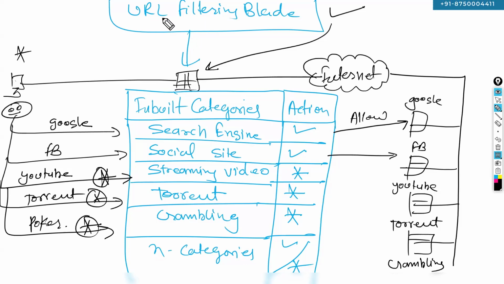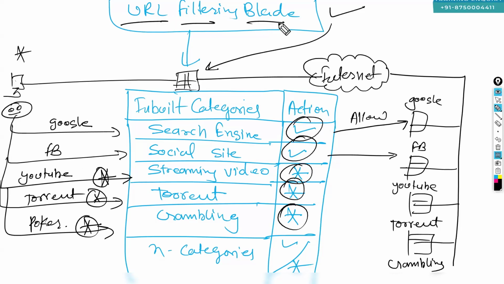So simply with the help of the URL filtering blade, you can control which kind of URL can be accessed in your organization or which kind of URL should be blocked. You can control it. And when we are using the URL filtering blade, there is no need of any other solution when we have Checkpoint Firewall.